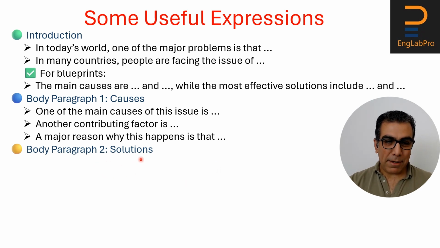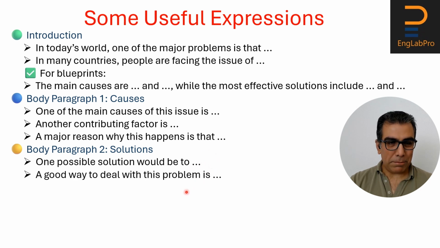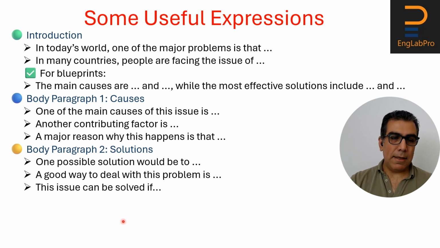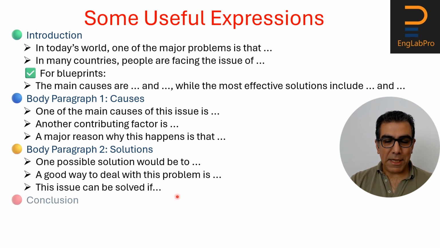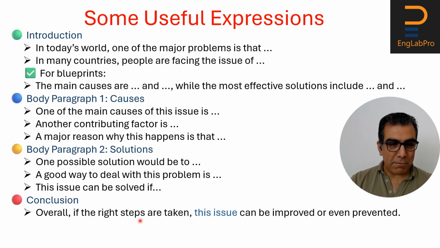For the second body paragraph, for the solutions, you can use these expressions. One possible solution would be to, and after that you need a verb. We have to plus a verb. A good way to deal with this problem is, and this issue can be solved if. And for the conclusion, you can say, overall, if the right steps are taken, this issue can be improved or even prevented.